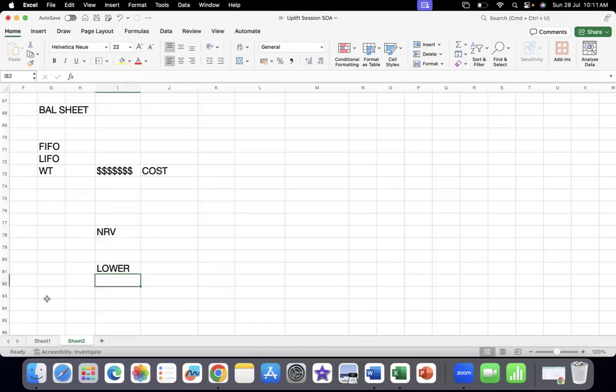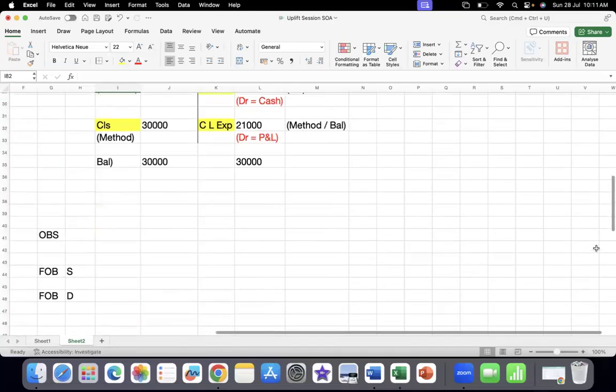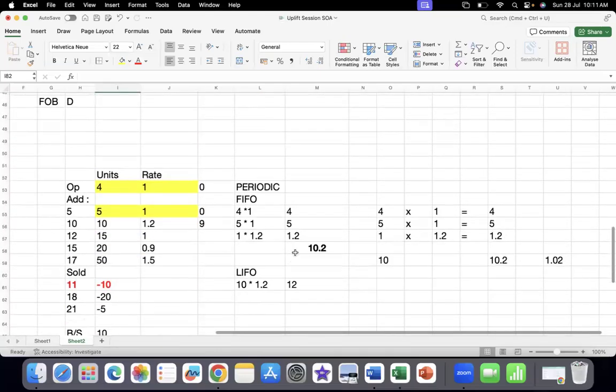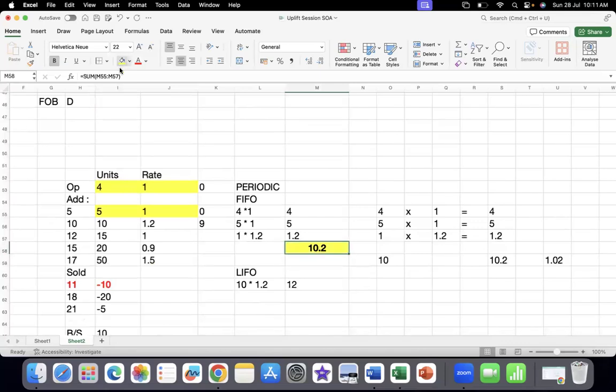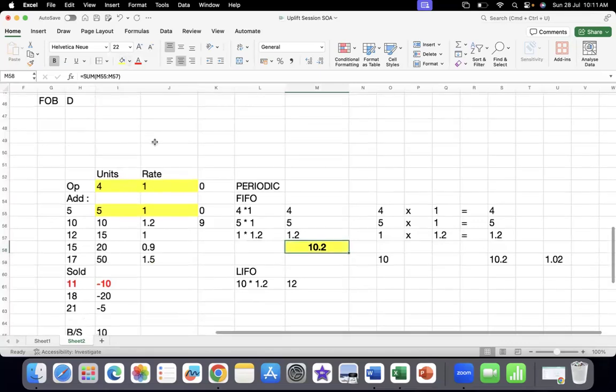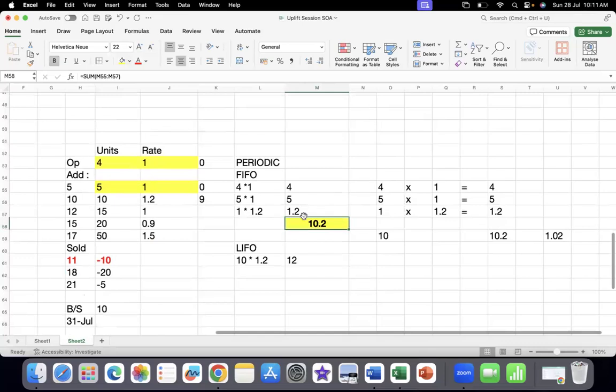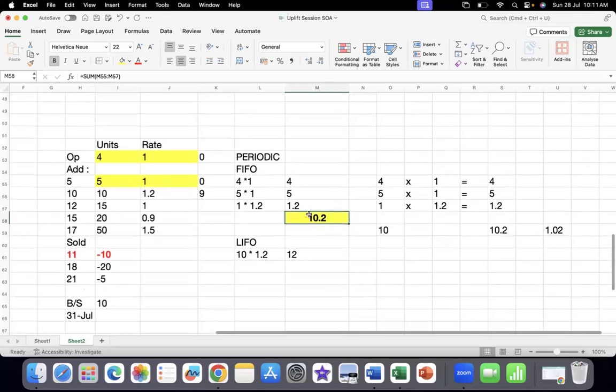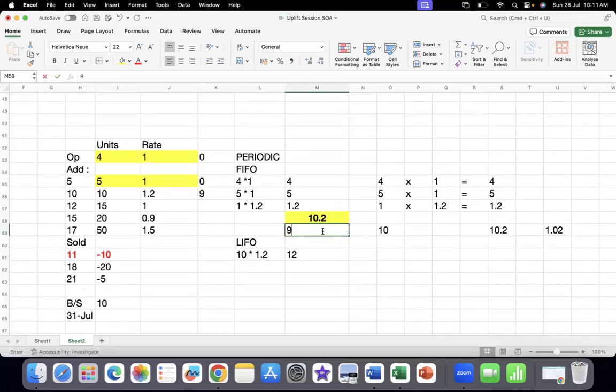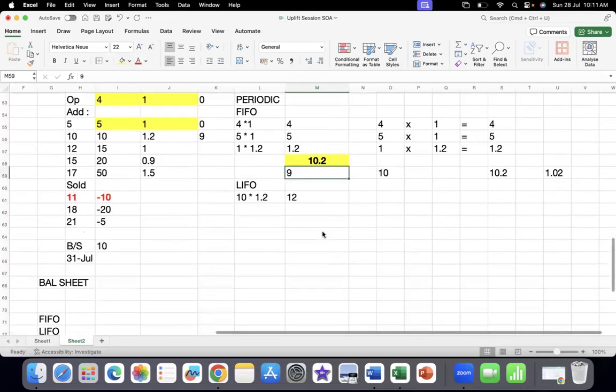So even if I get, for example, 10.2 as my value on the balance sheet date, I will still not be using it. I'll still have to compare it with my net realizable value, and whichever is lower. For example, if my net realizable value is 9, then 9 would be my final inventory value going into my balance sheet.